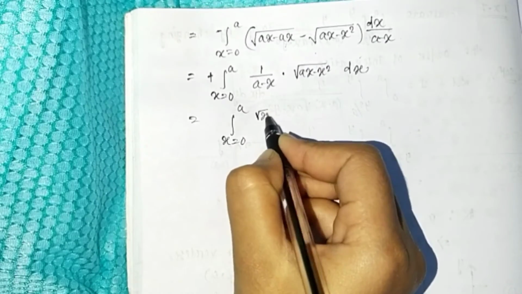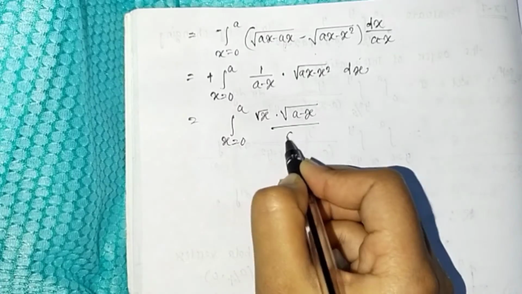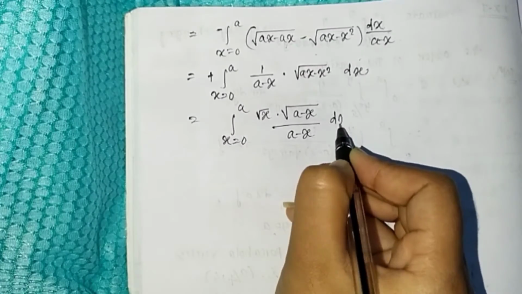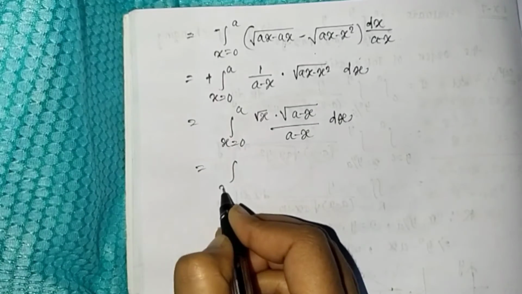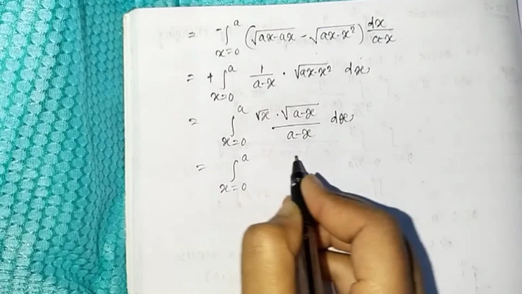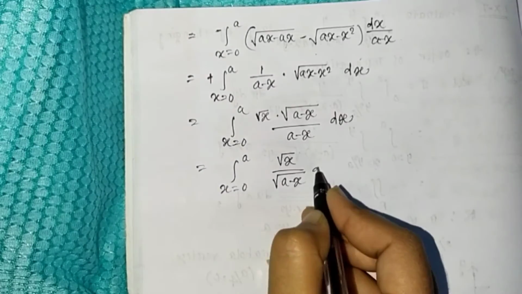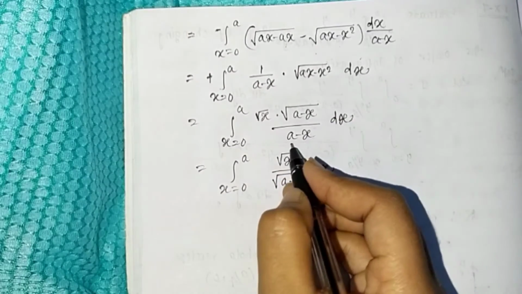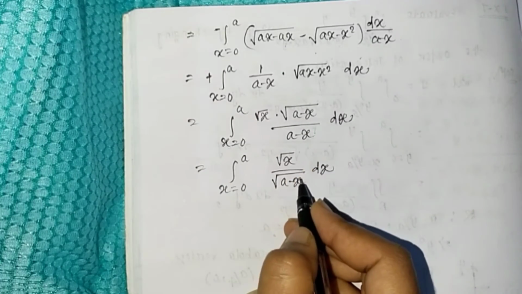So root over of x into root over of a minus x divided by a minus x dx. So here it finishes: x is from 0 to a, root x divided by root of a minus x dx. Here a minus x to the power 1 minus half is half.